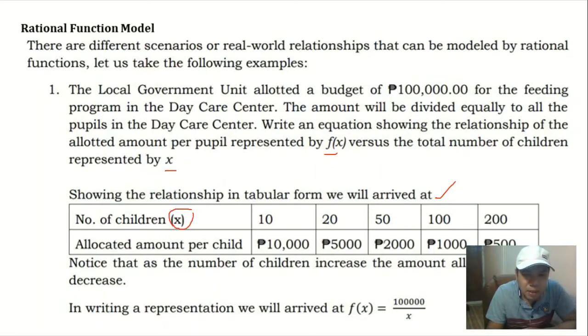So, ang allotted na pera is 10,000 kasi nga yung 100,000 kapag dinivide natin sa 10, that will become 10,000. 100,000 pag dinivide natin sa 20, that will become 5,000. So, nagbabago yung x natin. Kaya gagamitin natin doon is x variable. Kaya anong pwede natin gawin? We can use f of x is equal to 100,000 divided by x. Ito na yung mathematical model natin. Okay, next.